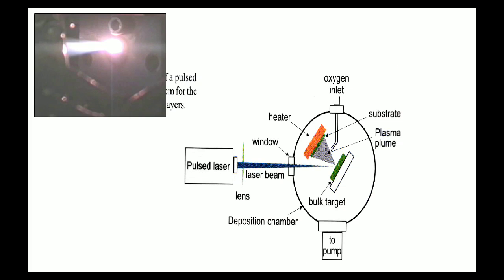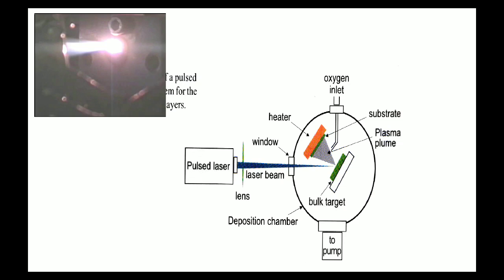And you can see there is an oxygen inlet. If you are depositing metal, then you need not use oxygen. But if you are trying to deposit some metal oxide, then it is better to use some oxygen gas.